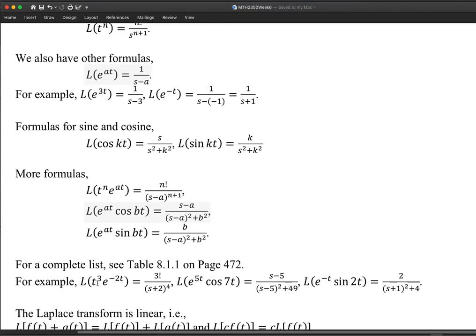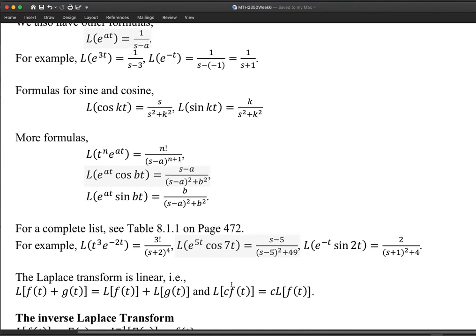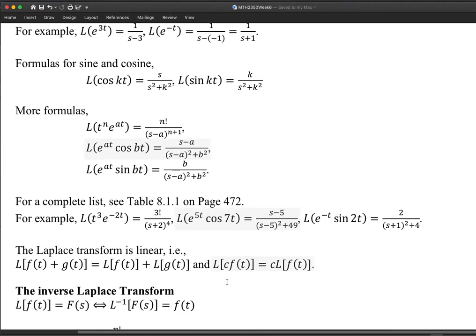We also have some examples, which I think we did in my other video. Another quite important thing for the Laplace transform: it is defined as an improper integral. It is an integral transform, but anyway, it is considered linear. The reason we consider the transform linear is that we have the following properties.